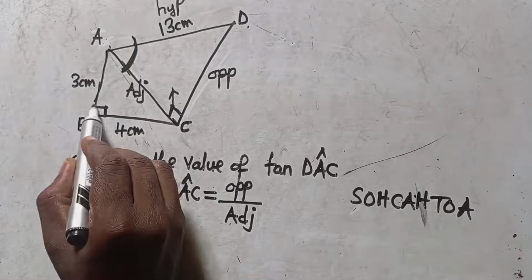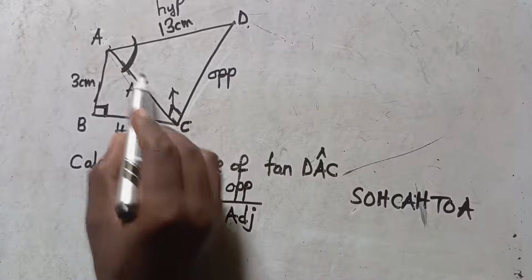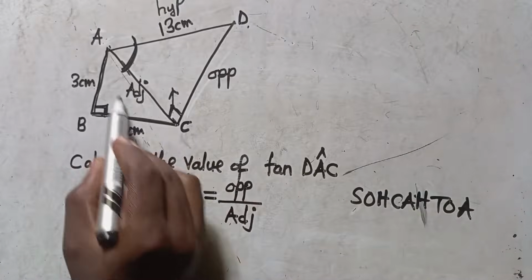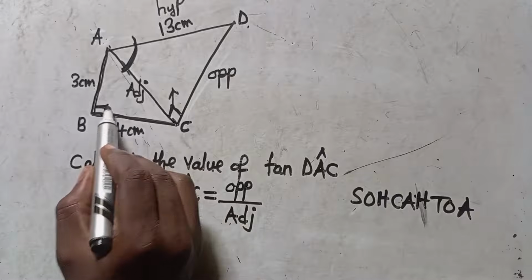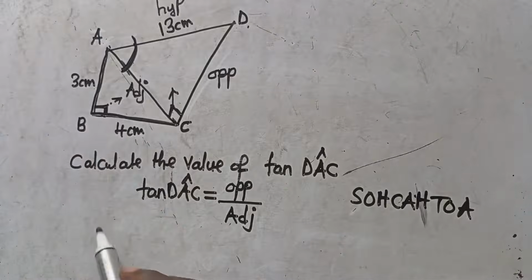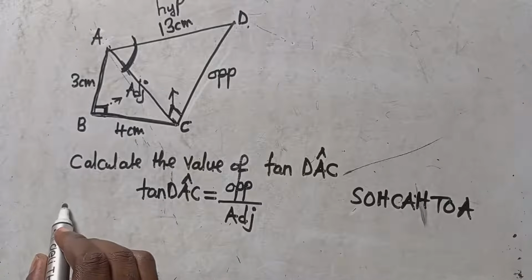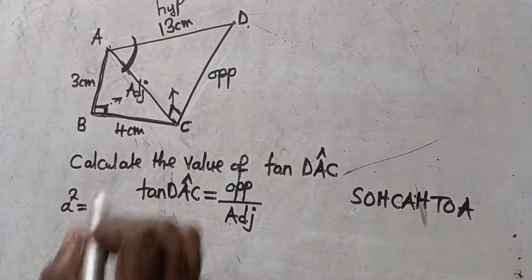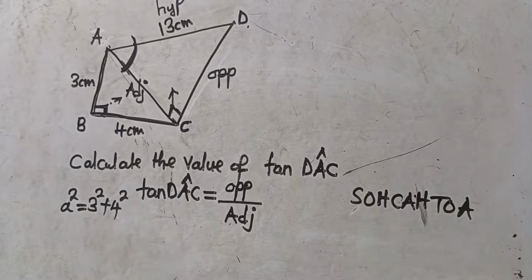So we know that this thing here is the hypotenuse. How do we find this side? To find this, it is another triangle. That is the hypotenuse, and I'll just put it as A. So A squared is equal to, we add the two, square them: 3 squared plus 4 squared.